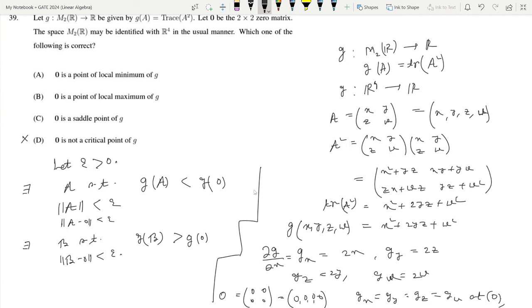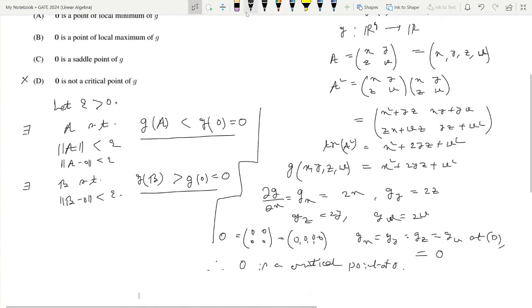And also clearly here G0 equal to 0 because G0 equals trace 0 square, that is trace 0 equal to 0. So we have to show that such A exists here such that GA less than 0 and such B exists there such that GB greater than 0.